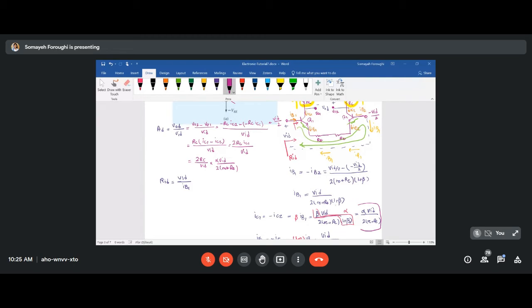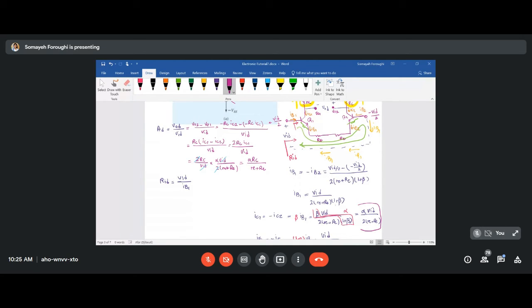Out of here, you can just do a lot of simplifying, and the VIDs are all gone, and finally you will have alpha RC over RE plus the capital RE. This is the voltage gain in this differential amplifier.